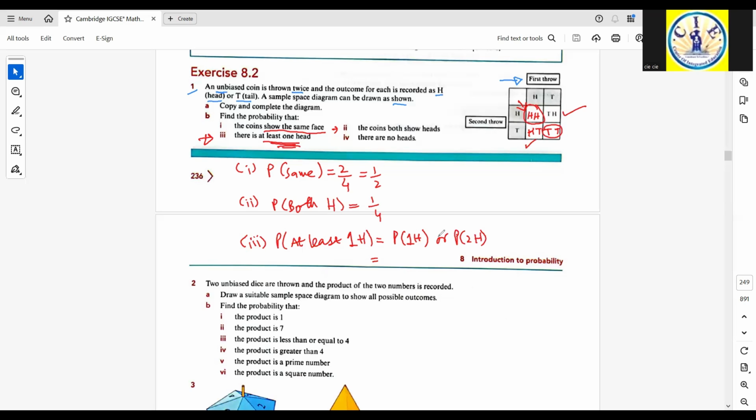So there are two chances for this. And for both the heads, we have got one chance. So 2 plus 1, that is 3 out of total 4 chances that contain at least one head. And for part 4, there are no heads. So this is the only chance where we do not have any head. So probability of no heads is going to be 1 out of 4. So that completes question number 1.